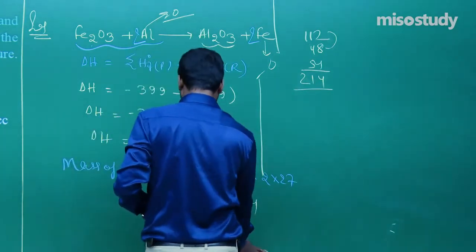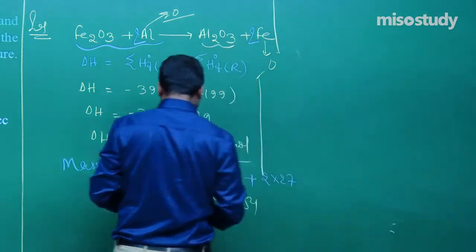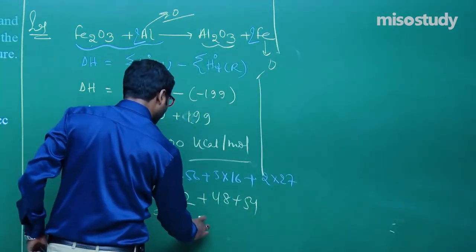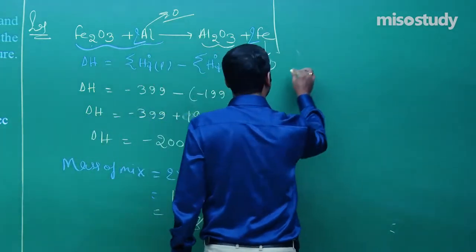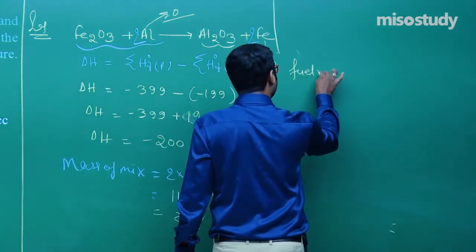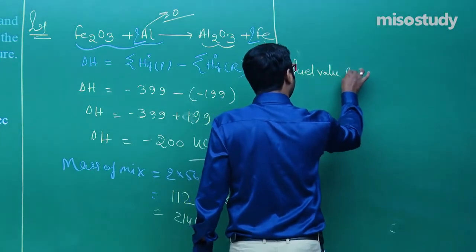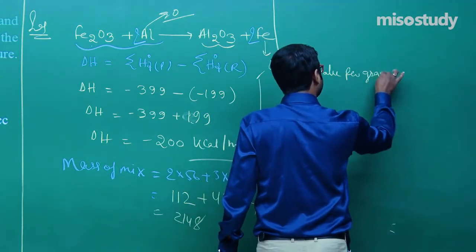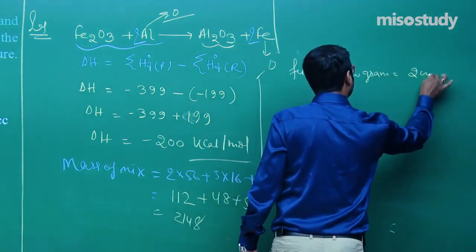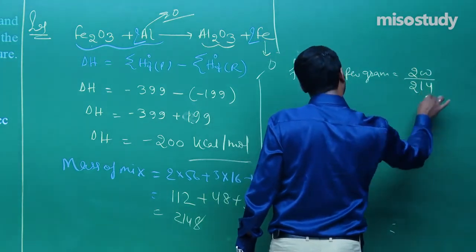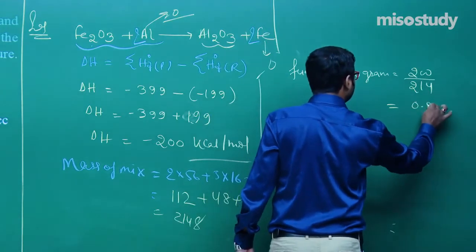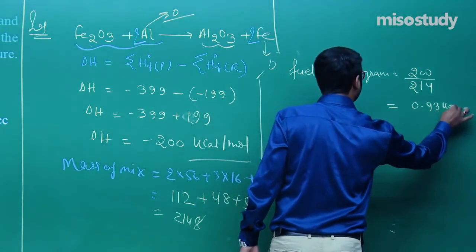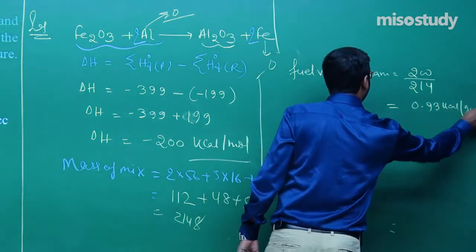Clear? So this is the value, that is 214 gram. Visible to you? 214 gram. Now, therefore fuel value per gram is equal to 200 upon 214. That will be equal to around 0.93 kilocalorie per gram.